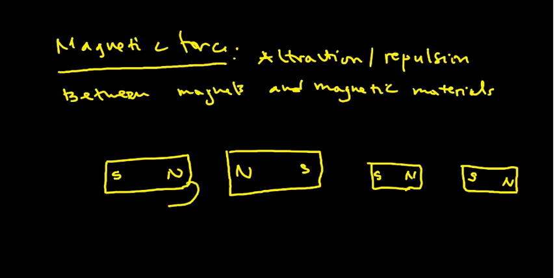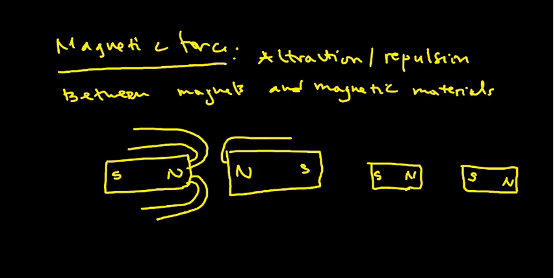If the poles are the same, there will be repulsion, which means one will push the other magnet away. Like here, as you can see, we have both magnets, my bad, I'm not good at drawing.